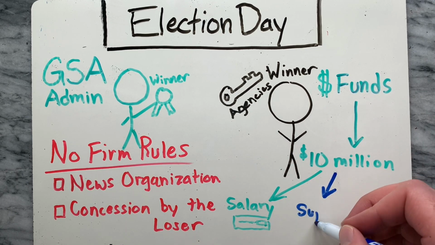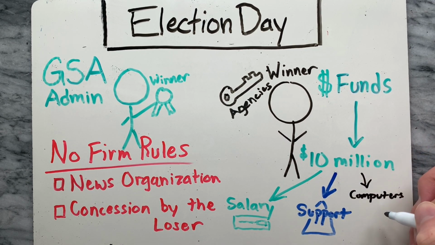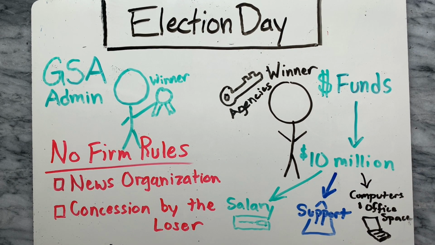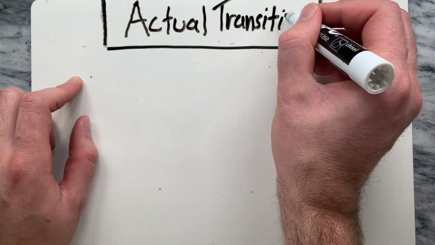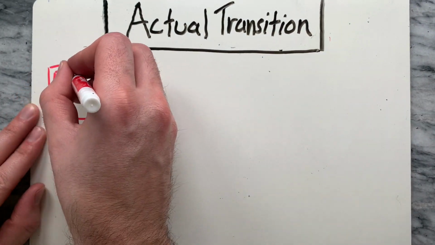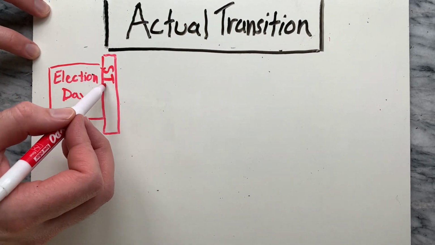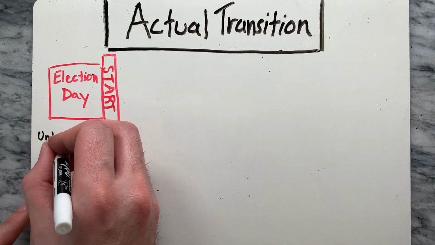The GSA administrator's declaration releases about $10 million in transition funds for salary, support, computer systems, and office space. The actual transition phase begins immediately following the presidential election, unless there are any electoral disputes, and if the sitting president is not re-elected or is concluding a second term.